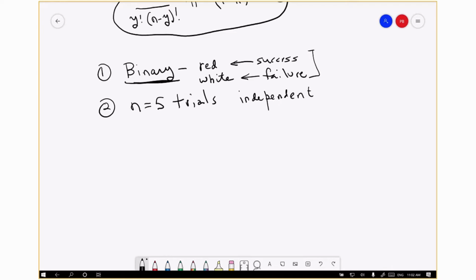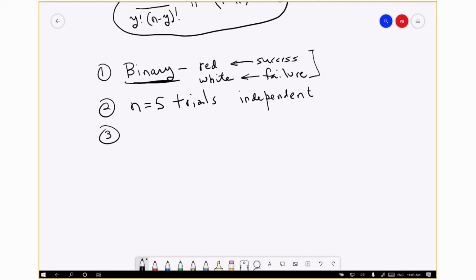So if I get a red ball on the first trial, that doesn't have any effect on whether the outcome of the second trial is going to be a red ball or a white ball. And that comes back to this idea that when we do our experiment, we always replace the marble after we have recorded its color.